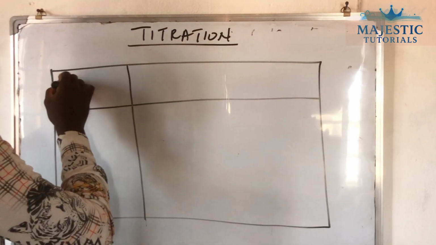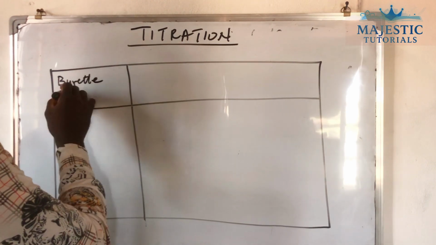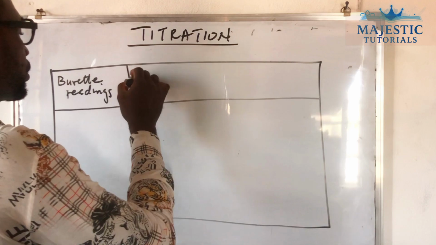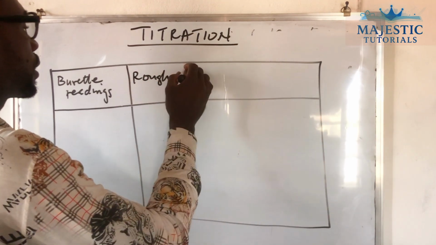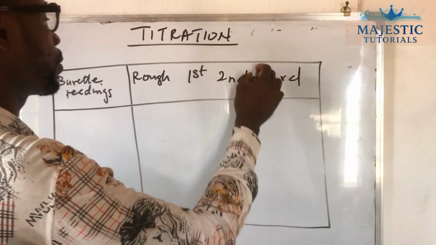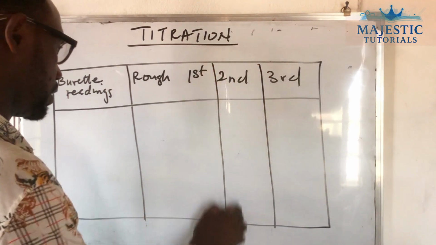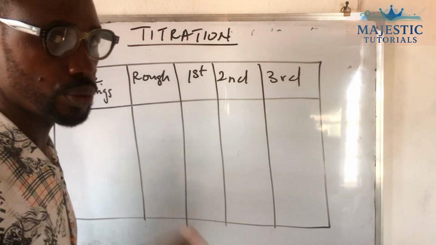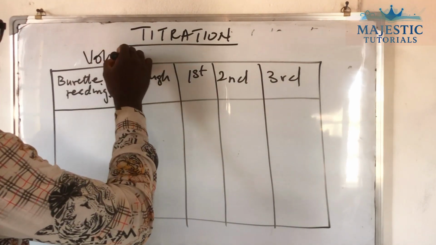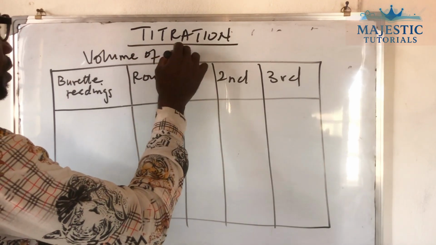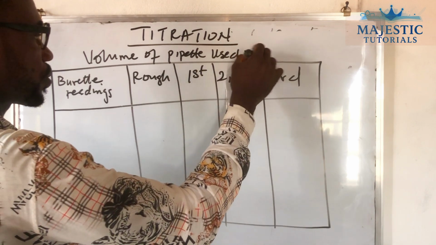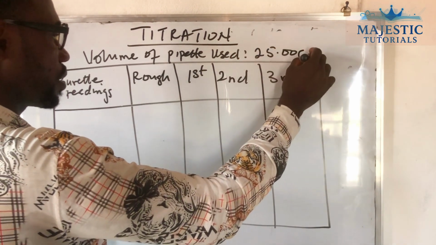So over here is our burette readings. Here is the rough. Here is the first, second, and the third. It's better you make your table neat. So it's expected to write volume of pipette used, which is 25.00 cm cube.